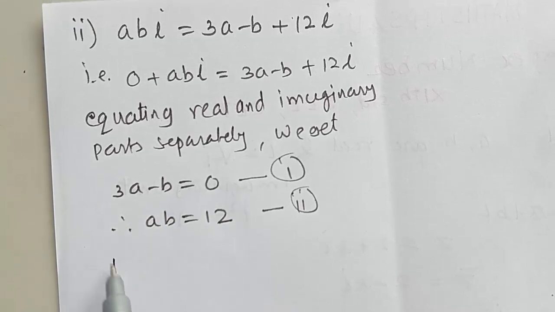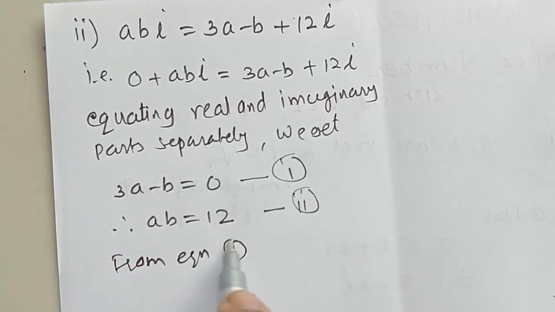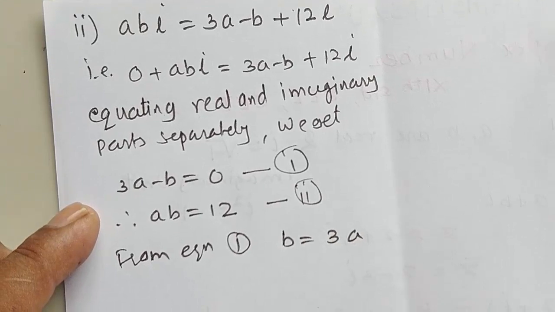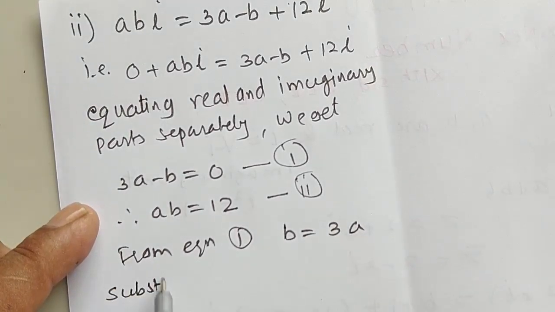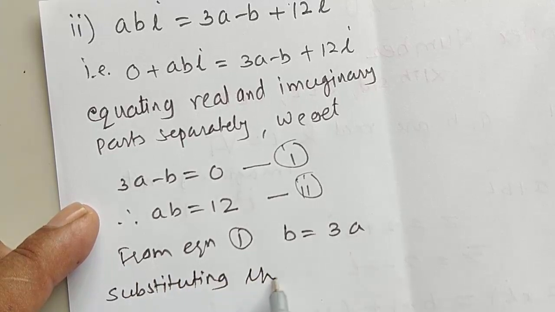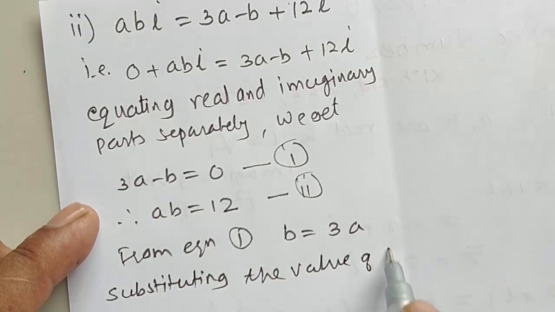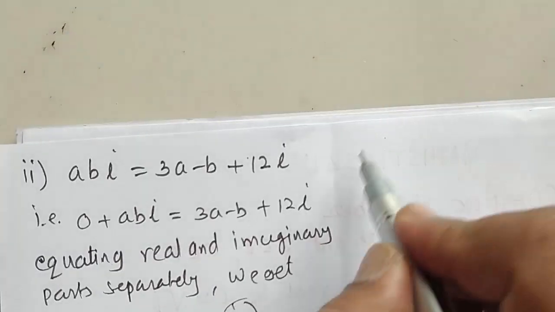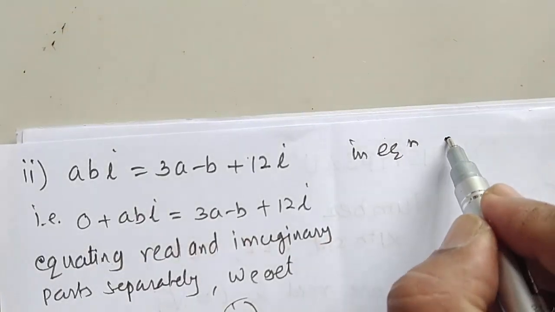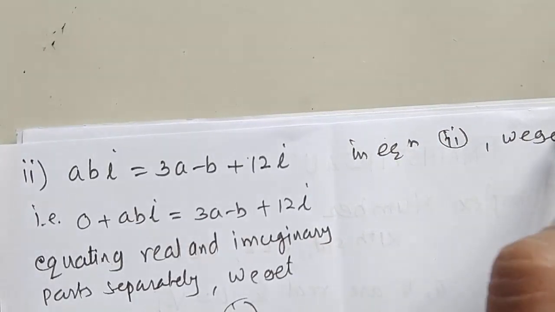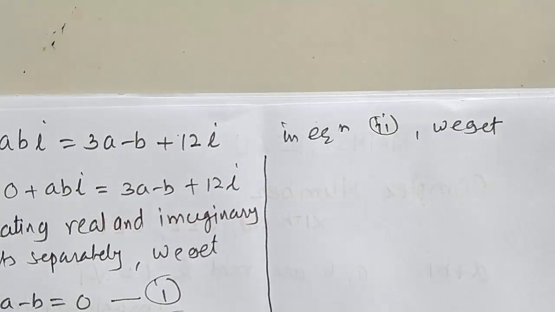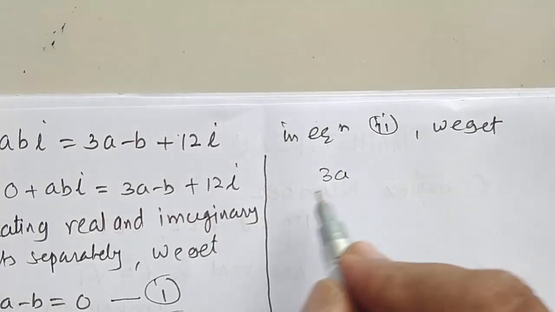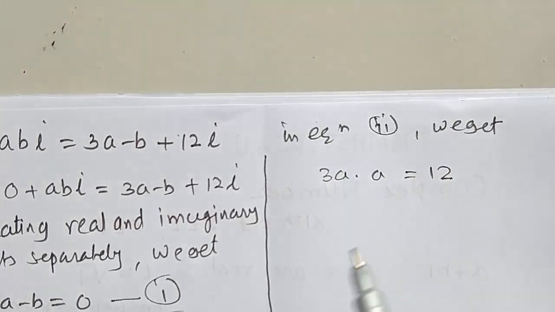From equation 1, b is equal to 3a. Substituting the value of b in equation 2, we get 3a into a is equal to 12.